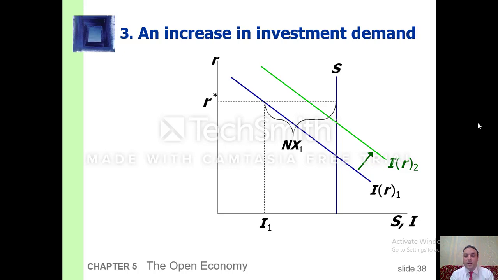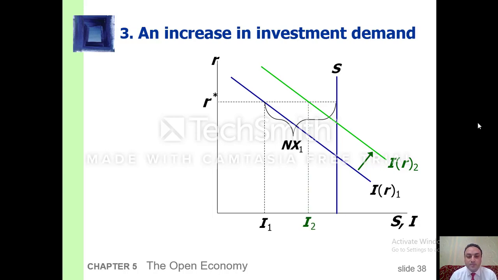No, maybe there are other reasons that make the demand for investment increase. So this makes the change not only by the position of the investment on the horizontal axis changing to the right or left. No, the whole investment curve, or demand curve for investment, will shift to the right.